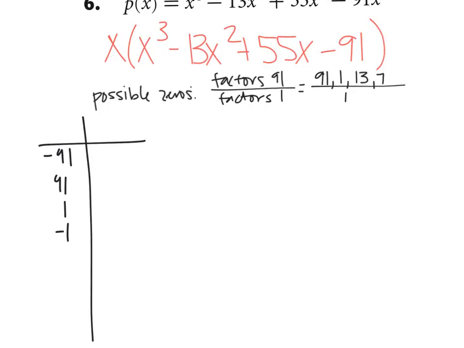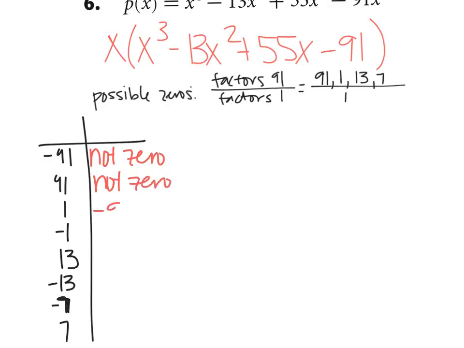What's my next set of numbers in here? Negative 13, and then negative 7 and 7. Okay, so what do we do with each of those numbers? Plug them in. Negative 91 was not 0; it was some really big number. What about positive 91? Not 0. Okay, what about 1? Negative 1? 98?